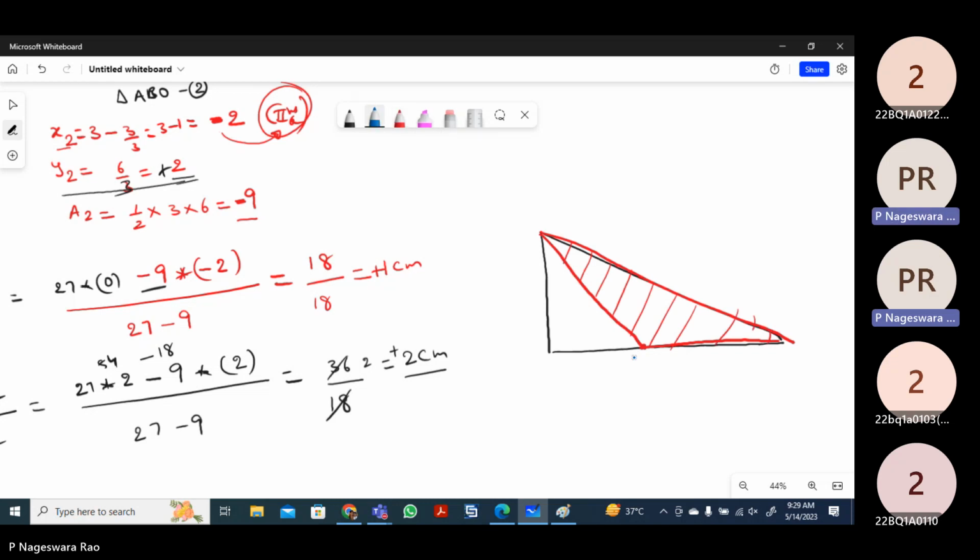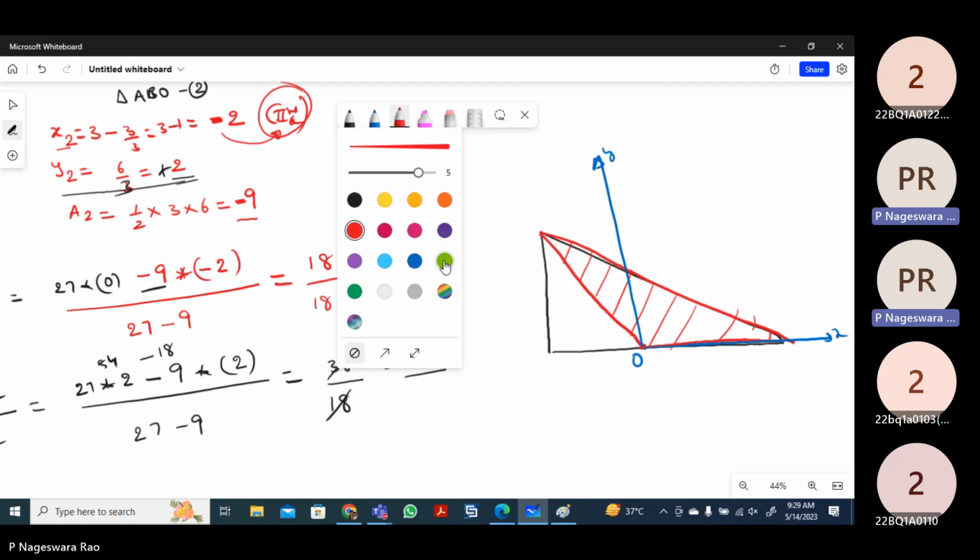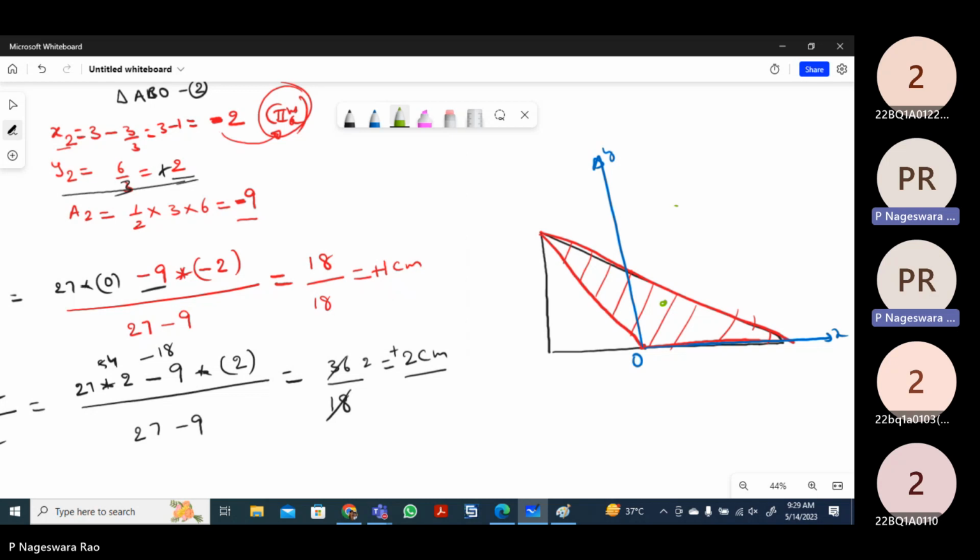If the origin is here, this is the y-axis and this is the x-axis. Now the entire shaded area's centroid lies here. This is the centroid of this shaded area. It lies in the first quadrant. Why? Because we got x bar as positive and y bar also a positive value.